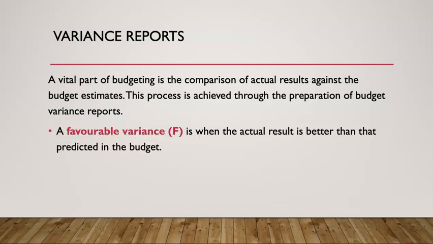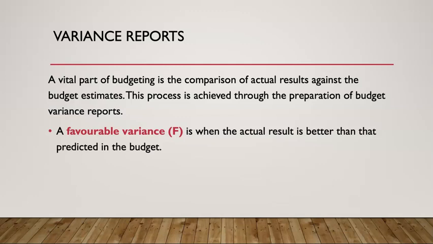And when we look at these differences, the comparison between actual results and budget results, we will either have favourable variances or unfavourable variances. A favourable variance, and you can see I've deliberately put the F there because you'll often see it just as F or U for unfavourable, is when the actual result is better than what was predicted in the budget.